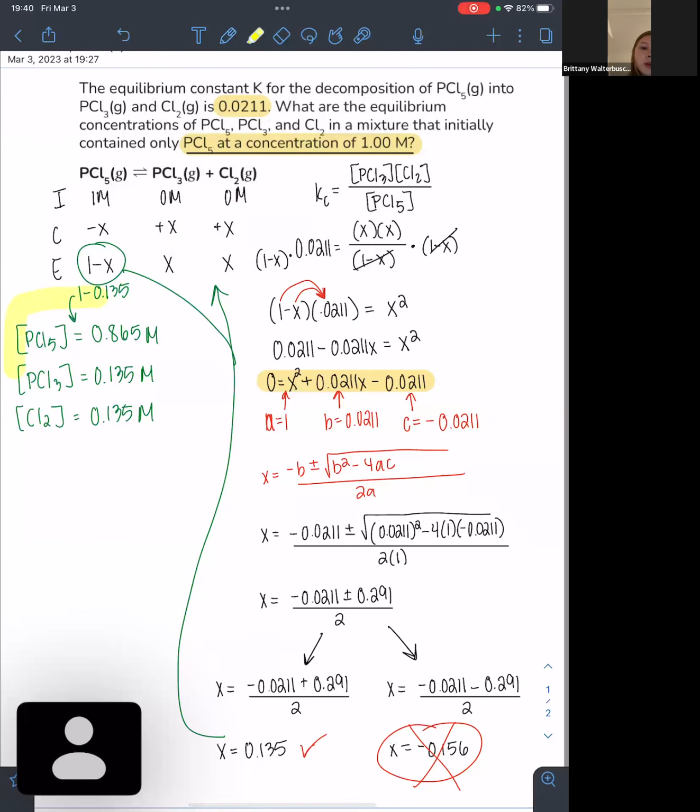So this right here is going to be our answer. And that is how you solve an ice table using the quadratic formula. I hope this helps.